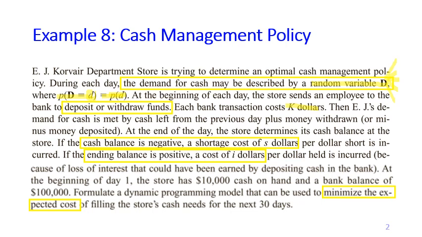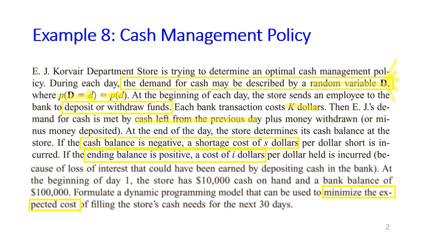So for each day, the department store may satisfy the demand for cash by the cash left from the previous day. So you can think of it like an inventory. The cash you have from the previous day, plus the money withdrawn or minus the money deposited to the bank.